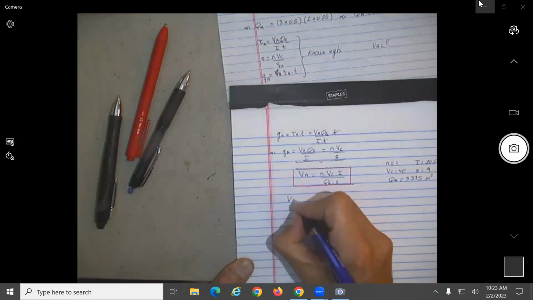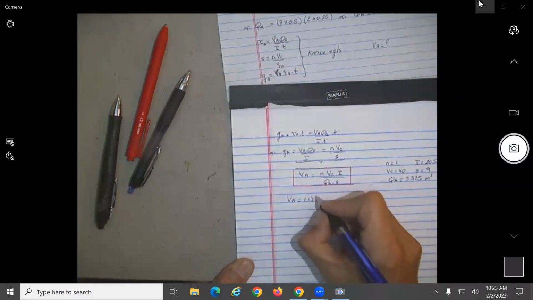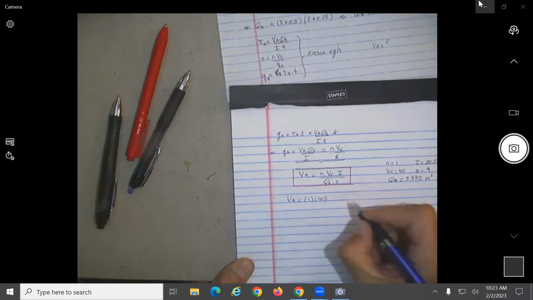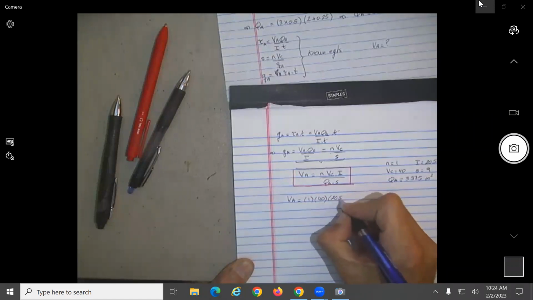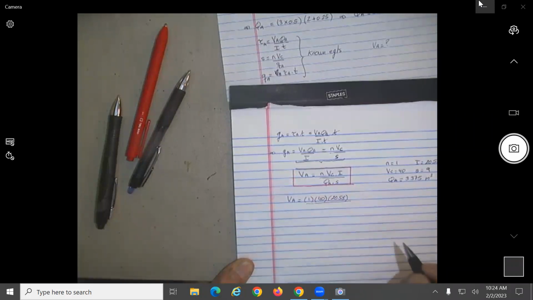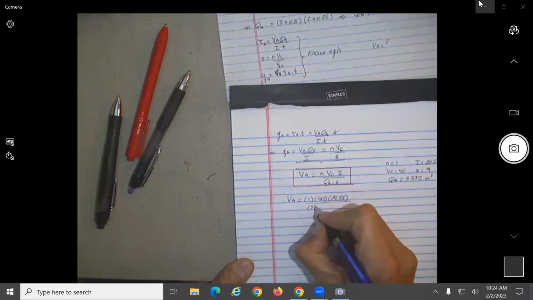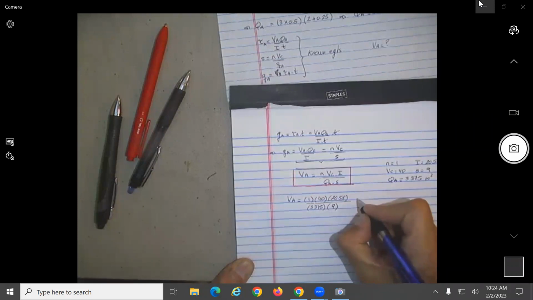V sub A equals 1 times 40 times 20.58 divided by 3.375 times 9.